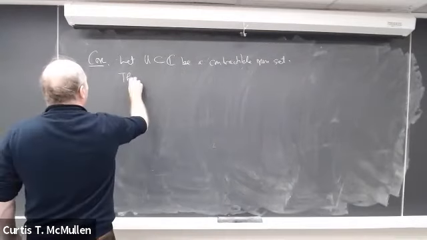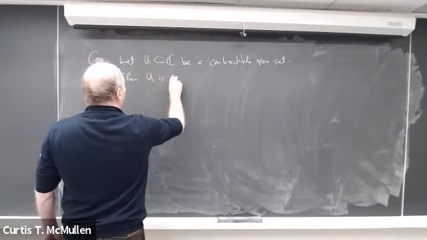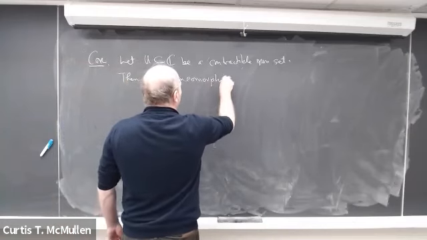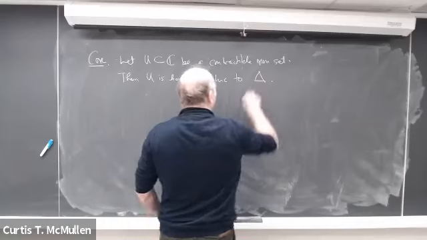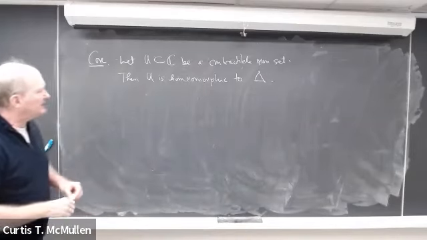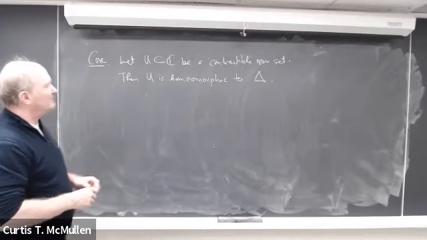Then U is homeomorphic to the unit disk. Of course, we proved much more. We proved that it's analytically isomorphic to the unit disk, at least as long as it's not the complex plane itself.